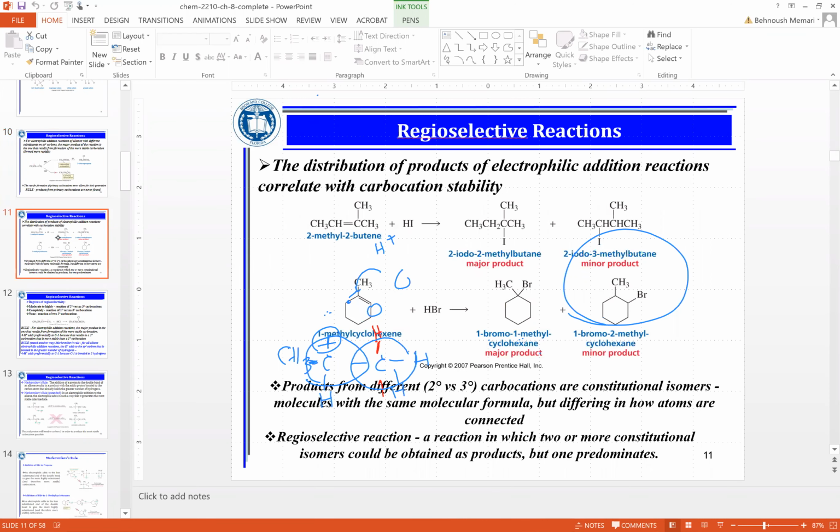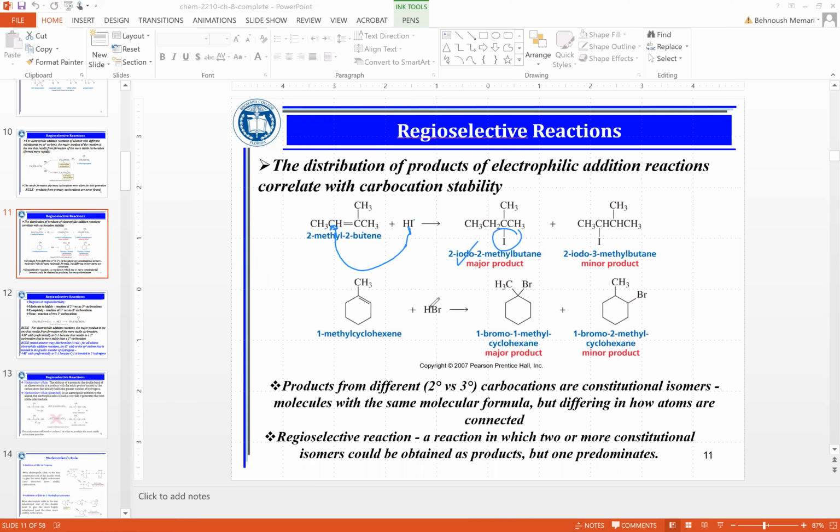We looked at the other examples. These are kind of repeated from before. You have a major product and a minor product. When you're adding HI, hydrogen will add to the carbon with more hydrogens, and the iodine would add to the other carbon. That would be the major product.